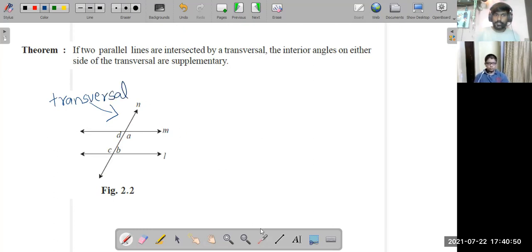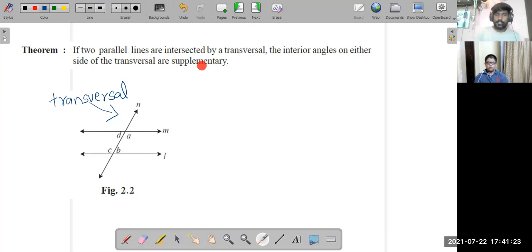The theorem says the interior angles on either side of the transversal, either meaning both the right side and the left side, are supplementary.